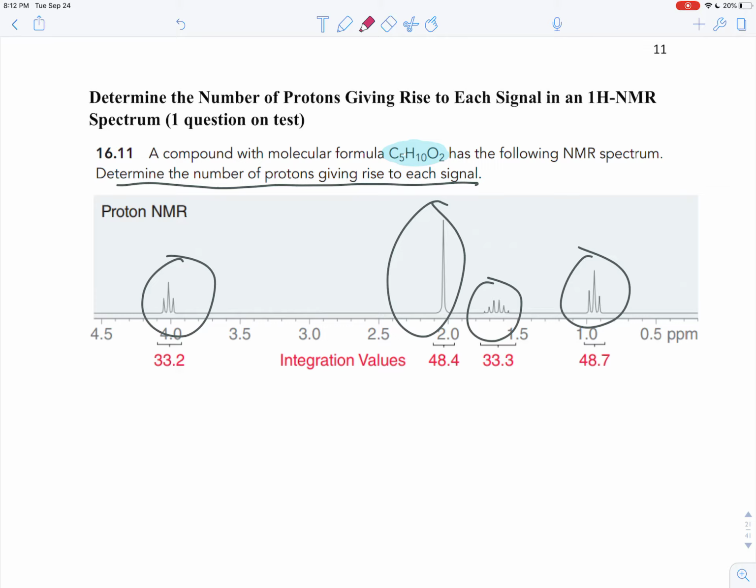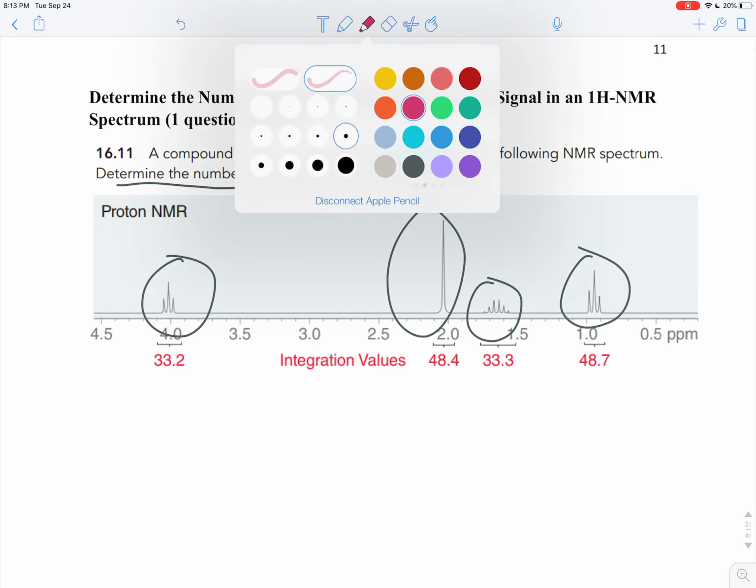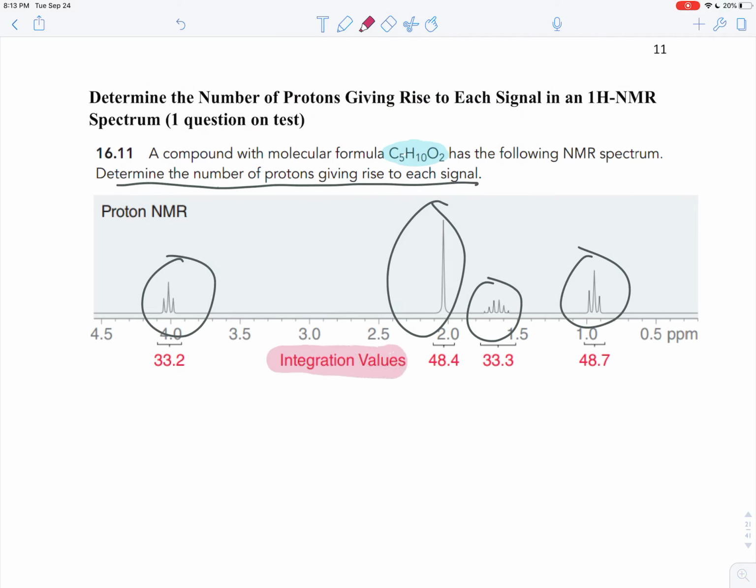Now the mathematical operation you use to take the area underneath a curve is called an integral. Now we're not going to take any integrals in this class, a computer will do it for us, but that's where this term integration value is coming from. It's referring back to the integrals, that mathematical operation, to find the area underneath a curve.